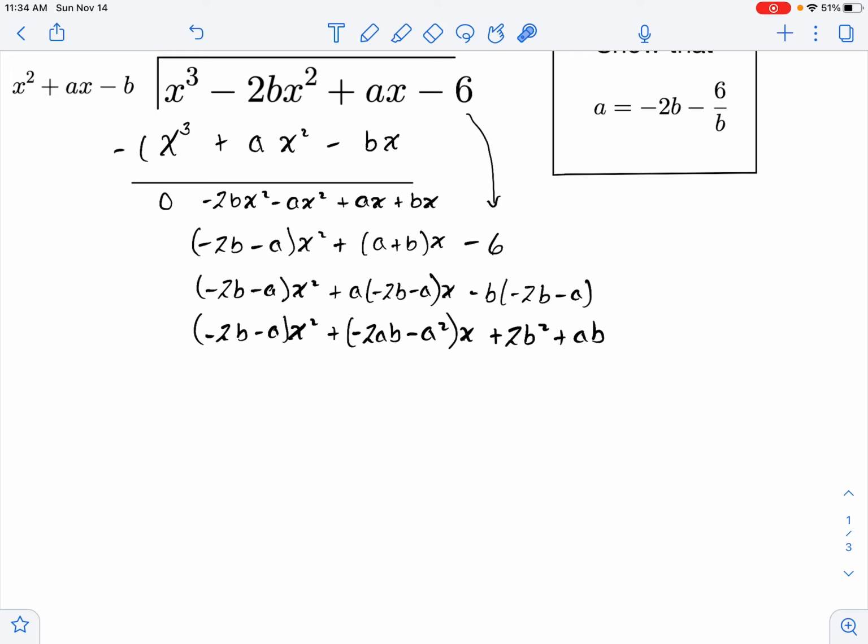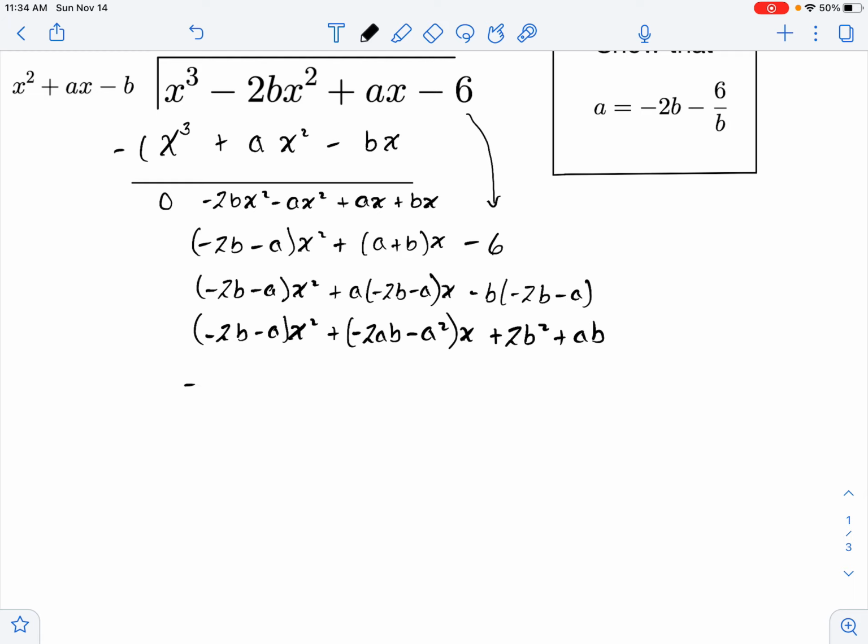And what I can do now is I will look at this term. I will factor out the negative to the front here. I have minus 2ab minus a squared, both of these are negative, so I'll factor this negative out to the front. Just tidying up again. And in fact, I will also do the same thing here, factor out this negative to the front.